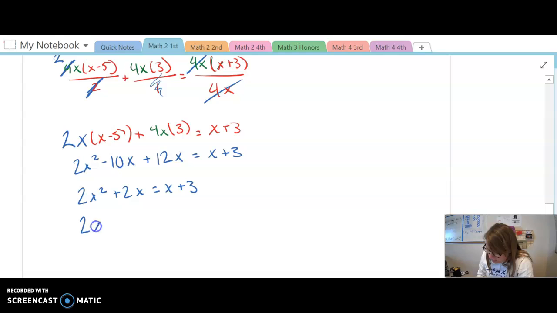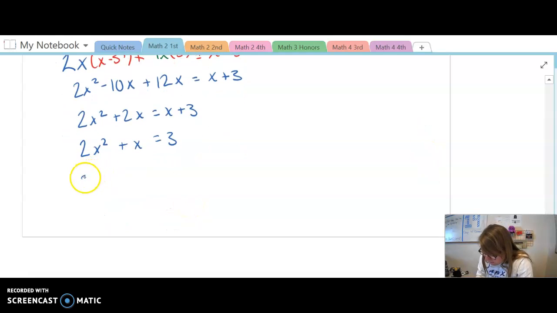Subtracting x from both sides, I get 2x squared plus x equals 3. Subtracting 3 from both sides, I get 2x squared plus x minus 3 equals 0. Now, last but not least, we factor our quadratic. You love to see it.